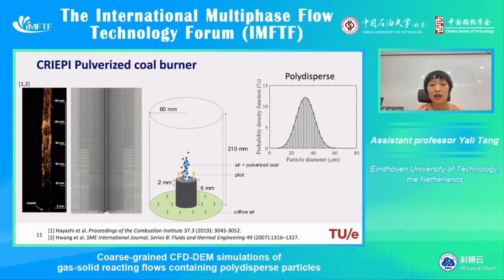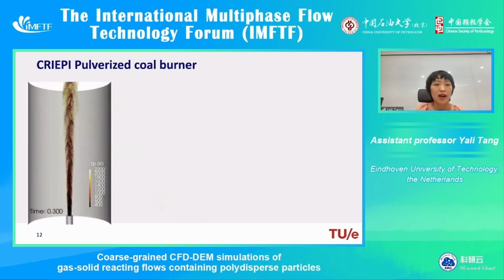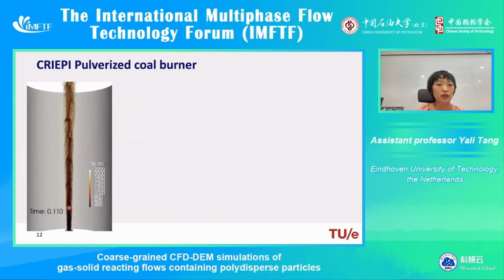And the particle size, of course, is polydisperse. It ranges from around 10 micron to 60 micron. And this movie shows the trajectory of the coal particles, and the particles are colored by temperature.